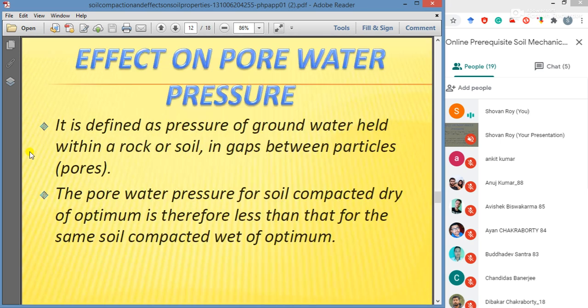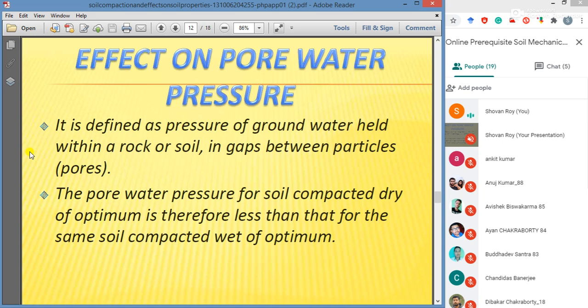Then after that there is pore pressure. A saturated sample of clay compacted dry of optimum tends to develop substantially lower pore pressure at low strain in an undrained shear test than a sample of the same soil of the same density and water content compacted wet of optimum.